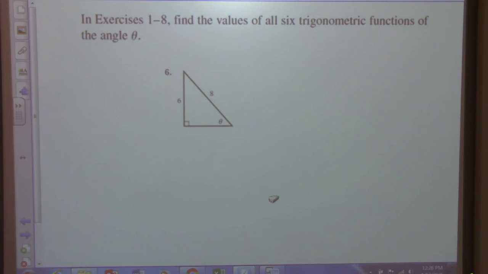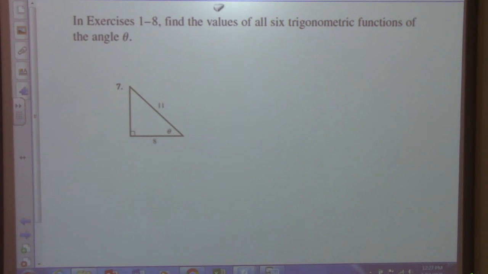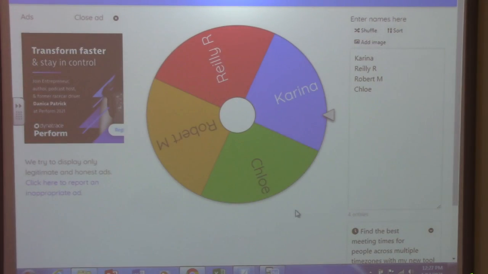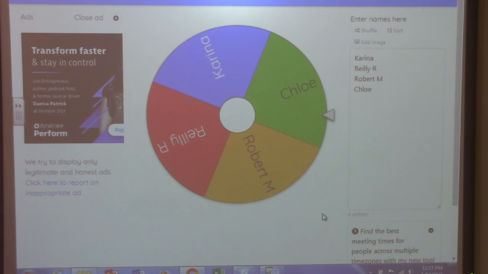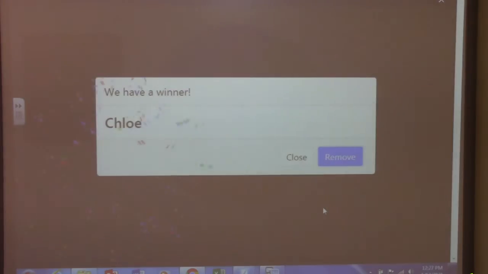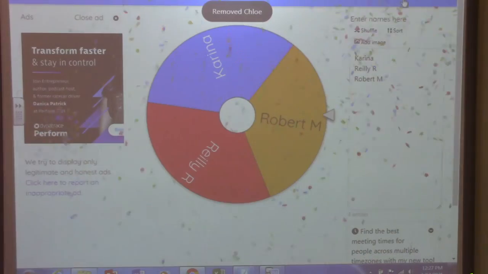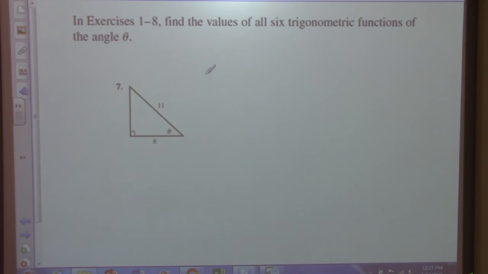Okay, number 7. Seven is going to be done by Robert Cole. All right, Cole, you have number 7? Great. Go ahead.